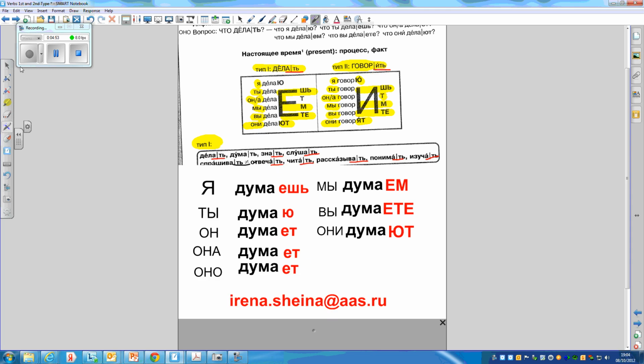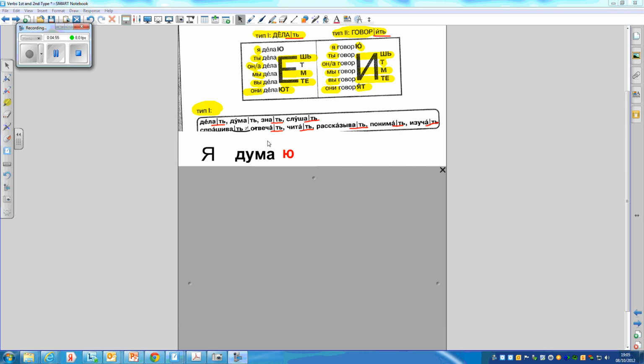Okay, we know the principle. We take the word думать, we cut the ending ть, and we get rid of the ending of the infinitive, and we get the main part of the verb. So that's what we're going to work with.